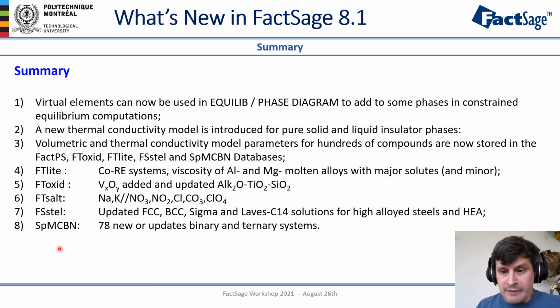And in the Spencer Group SPMCBN database for refractory materials, 78 new or updated binary and ternary systems. So I hope you will enjoy these new updates, and looking forward to FactSage 8.2 with many new updates coming.